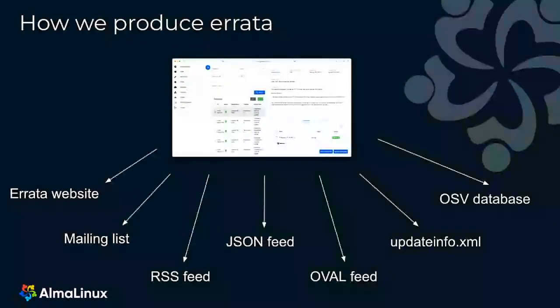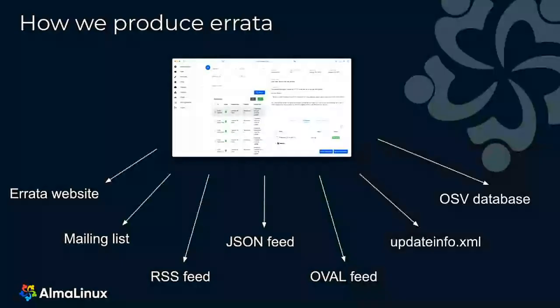Then, when we have all this information, we distribute it in different ways. We distribute it to our errata website, to mailing lists, and an RSS feed. The JSON feed is our own format that we implemented, and some security scanners use it.